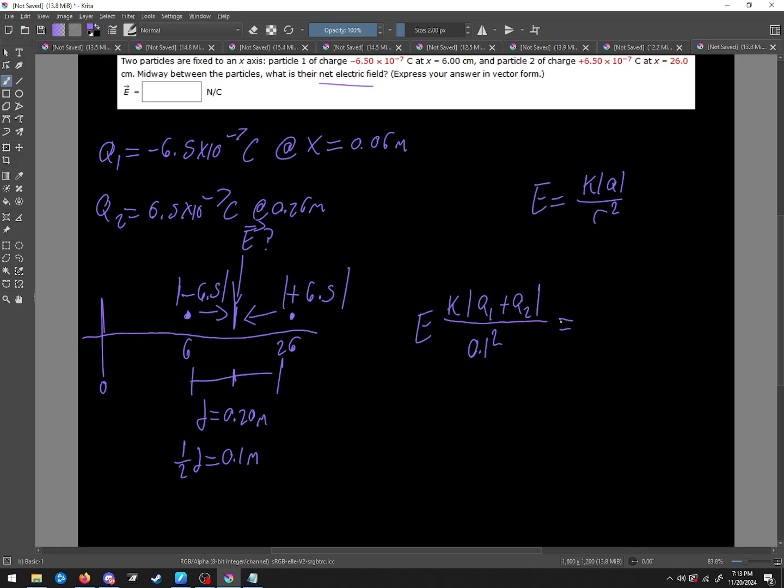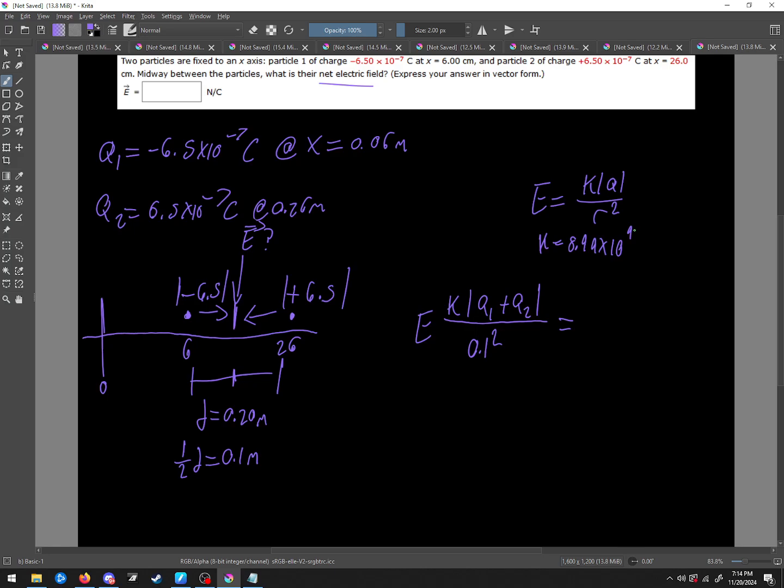So K equals 8.99 times 10 to the 9th. It's going to be times 6.5 times 10 to the negative 7 plus 6.5 times 10 to the negative 7.